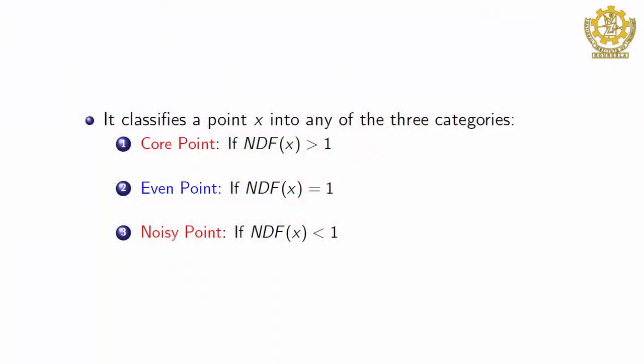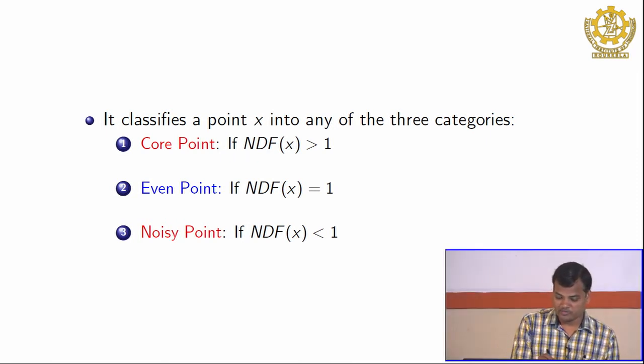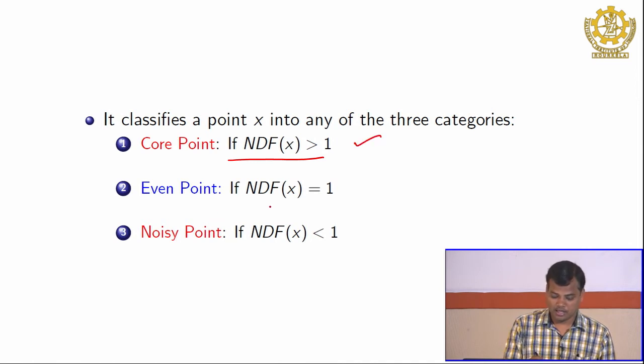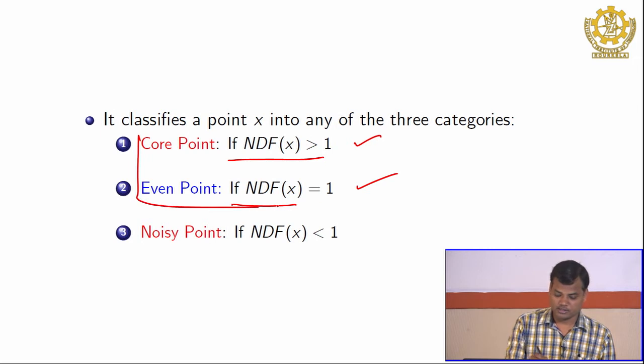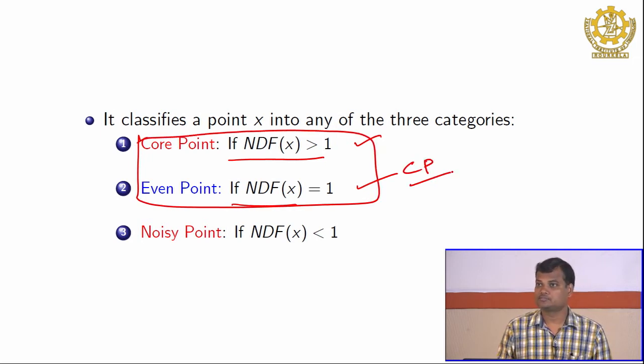We will define three categories of points. If the NDF value is greater than 1, the point is a core point. If the NDF value is exactly 1, we say it is an even point. These two categories are called cluster points, because both have almost the same importance.